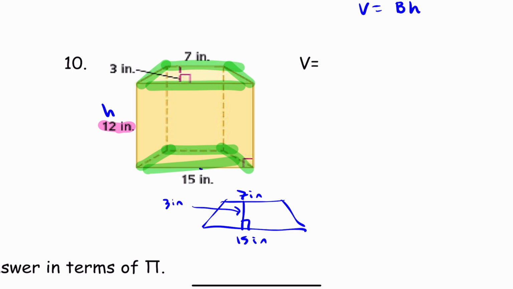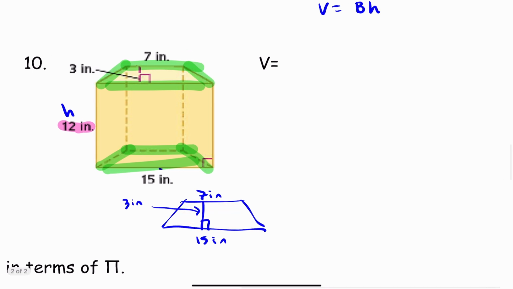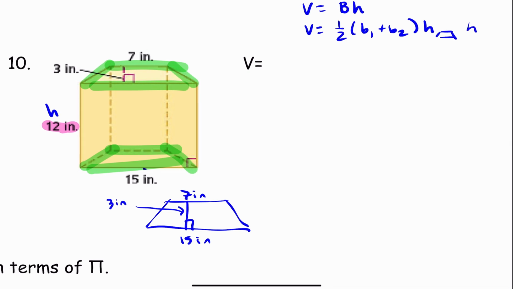So to find the area of a trapezoid, it's 1/2 the quantity B1 plus B2 times the height of your trapezoid, multiplied by the height of the prism.